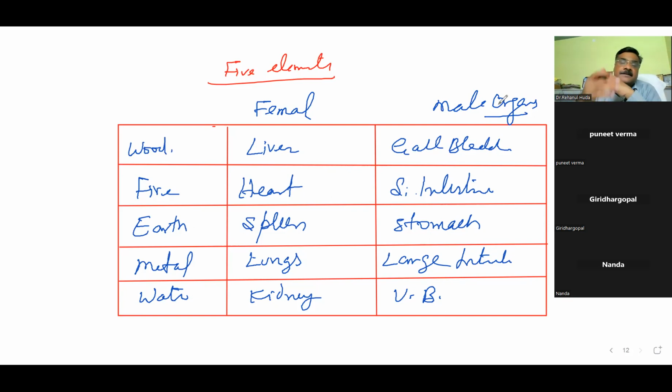That's why the liver, heart, spleen, lungs, and kidney work 24 by 7 for you. And the male organs work timely, and these organs are hollow organs. All these male organs are hollow organs.